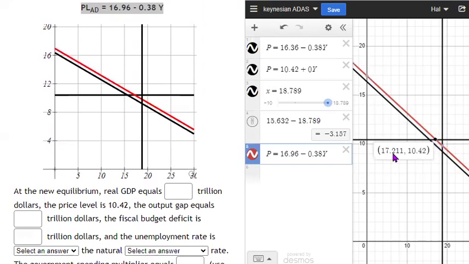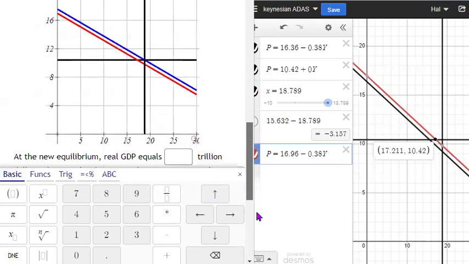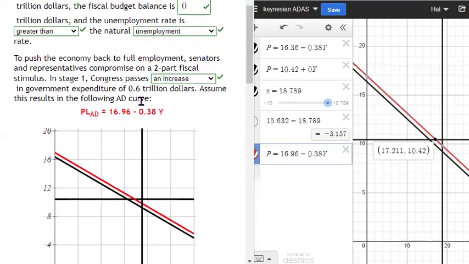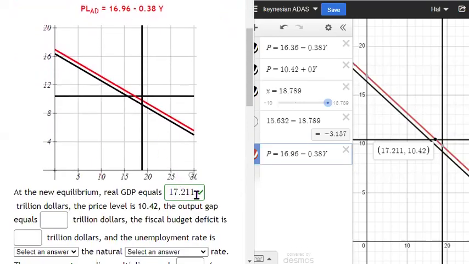And so GDP is now 17.211. We'll click submit to find out if we got it right. We got the increase right. So 17.211, right? The price level is still 10.42 because in the short run, Keynesians assume prices are sticky. They have no tendency to go up or down, right?